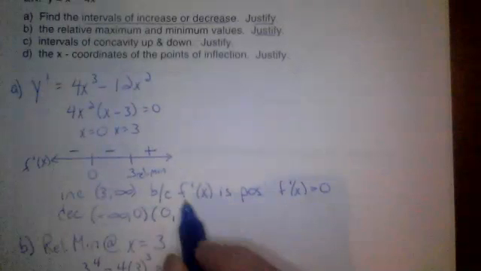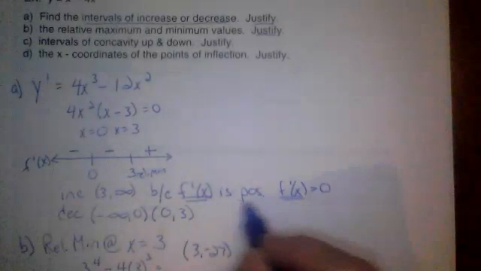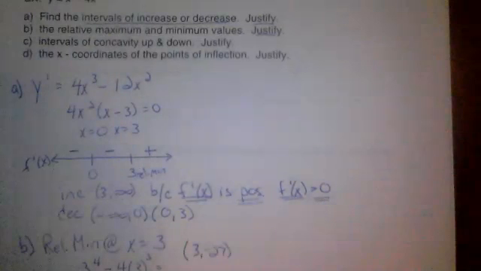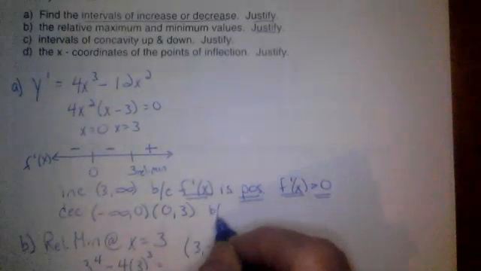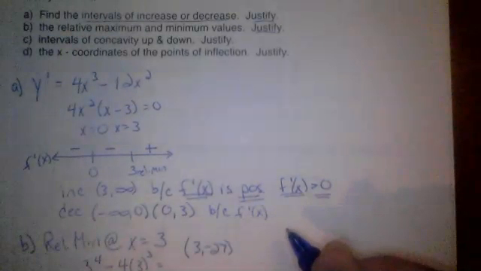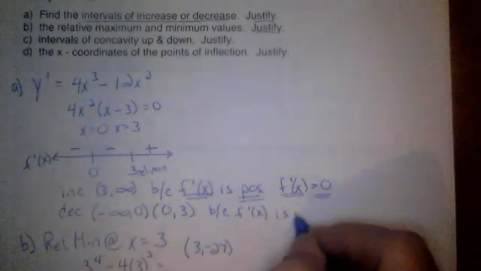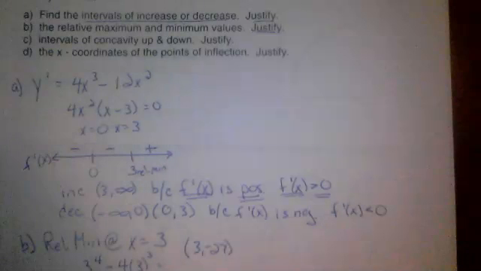But you have to list f prime of x, that's something they're looking for, and something about it being positive. This section of the graph is decreasing because the derivative is negative, or because f prime of x is less than 0. So you can say it either way, but you have to state the derivative and negative.